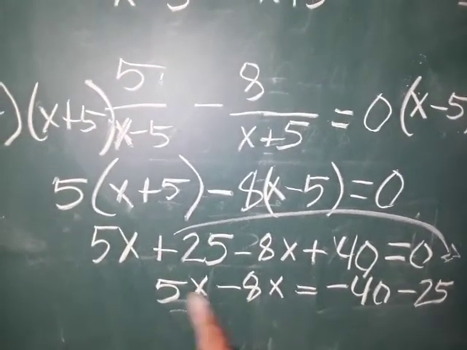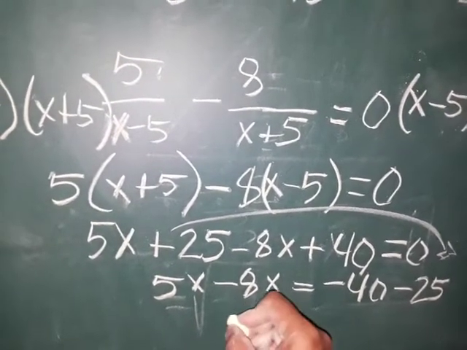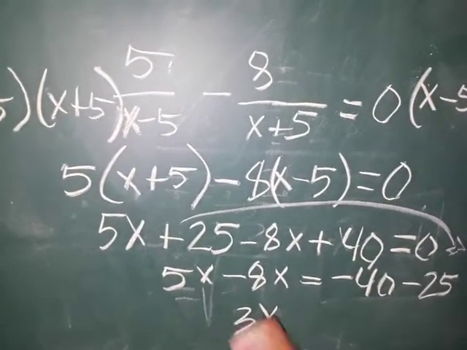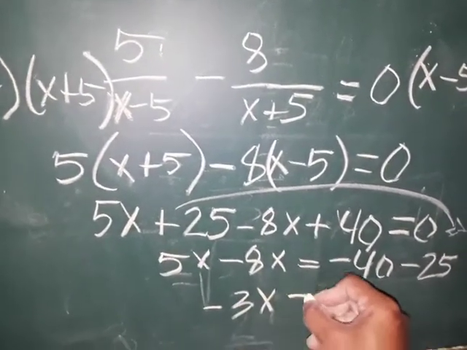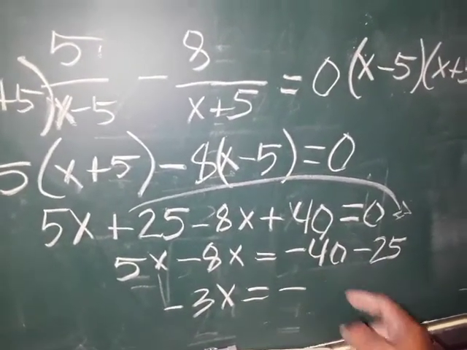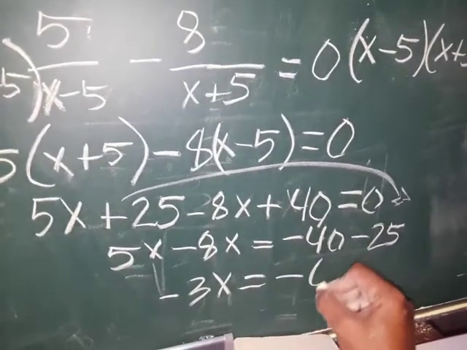So, since magkaiba ang sign, so subtract natin. 8 minus 5 is 3x, copy the sign of the greater value, which is negative, is equal to, pareho ang sign, so copy the sign, and then add 40 plus 25, magiging 65.